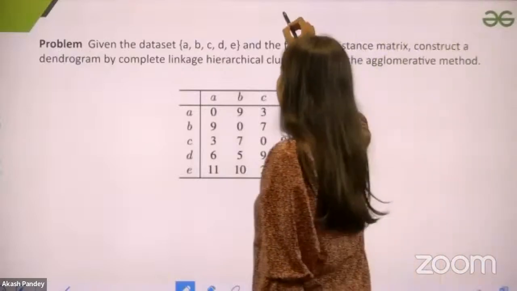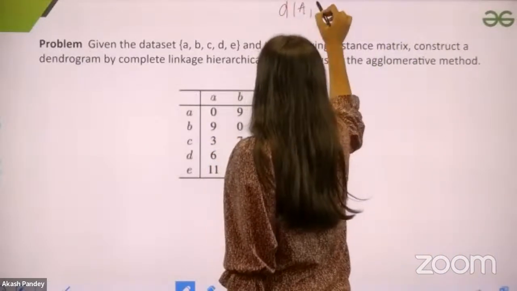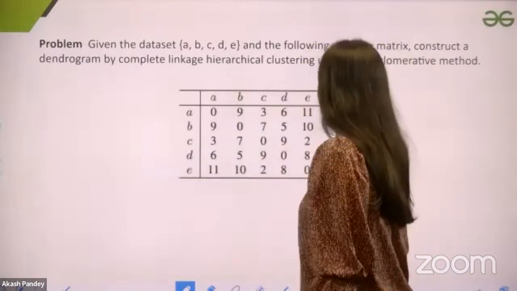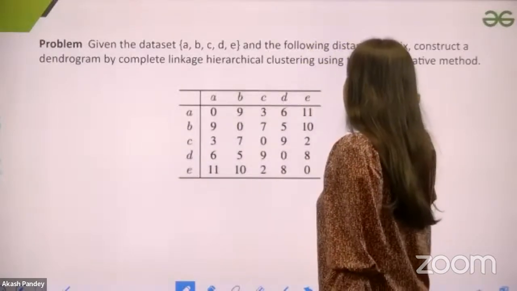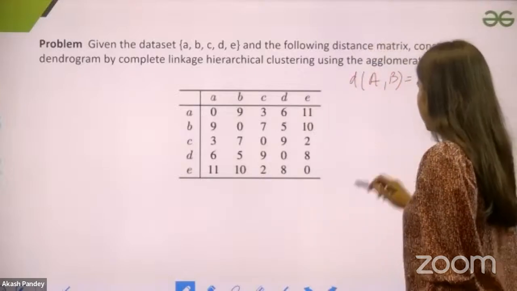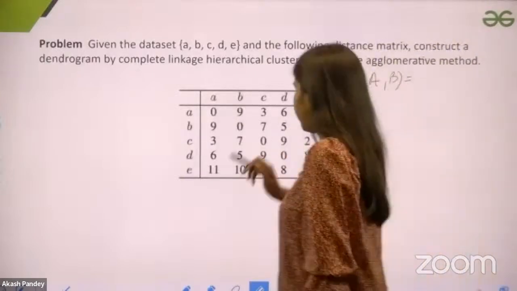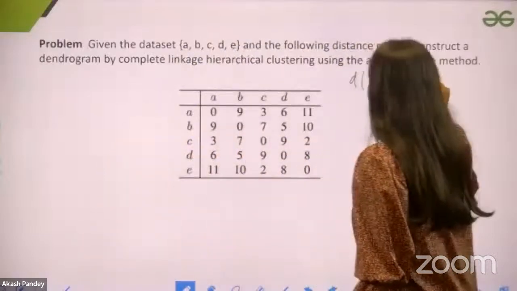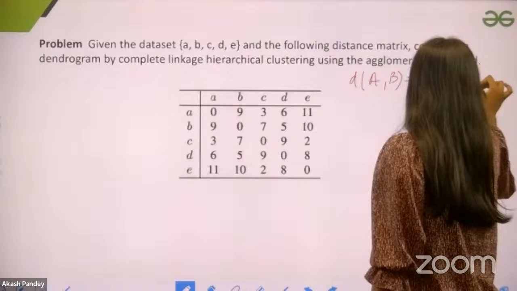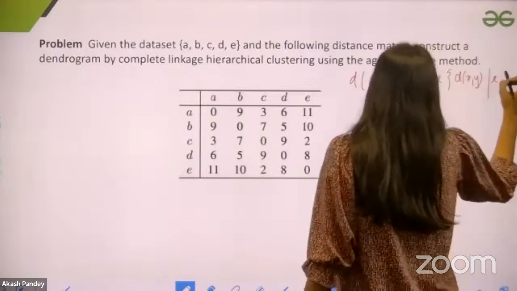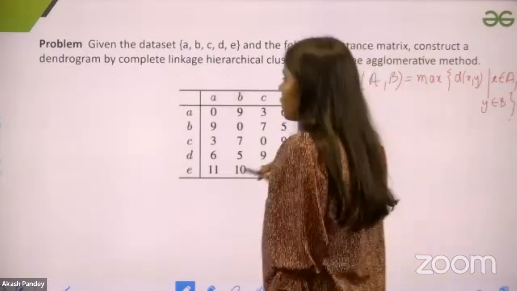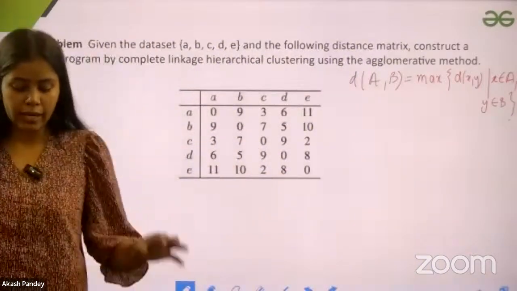In complete linkage, the distance between two clusters, D of A, B, is the maximum of d(x, y), where x belongs to A and y belongs to B. This is the distance you take in complete linkage hierarchical clustering.